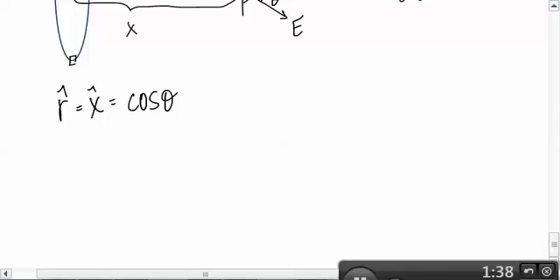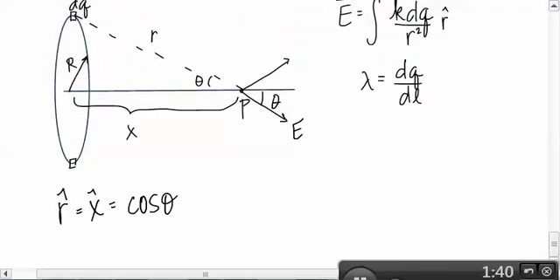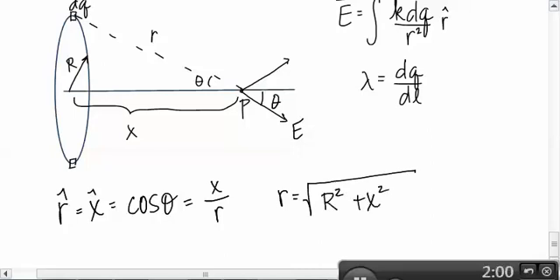And the cosine of theta is what? Adjacent over hypotenuse, so would that be x over little r? And by definition, what would little r equal? Capital R squared plus x squared?